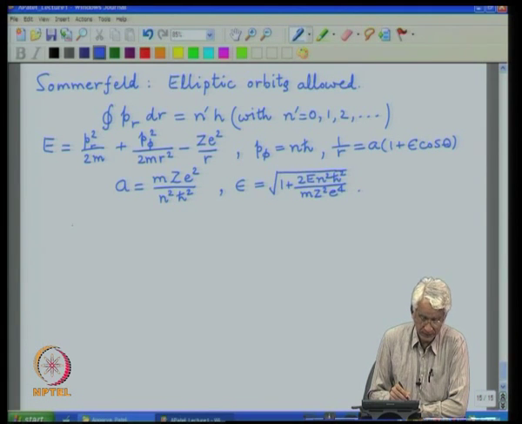I will just write down the formula explicitly, and you can go through it a step at a time.